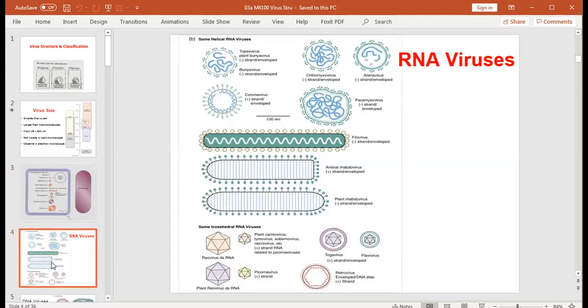Slide number 4 is a depiction of various RNA viruses. These are viruses that their genetic material is RNA. As we can see, there are different types of viruses, and these RNA viruses have different shapes. They can be helical viruses, or they can be icosahedral viruses.